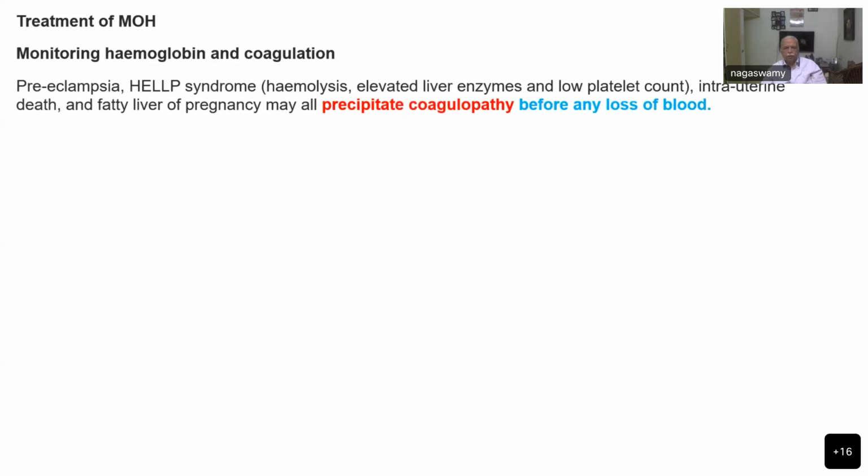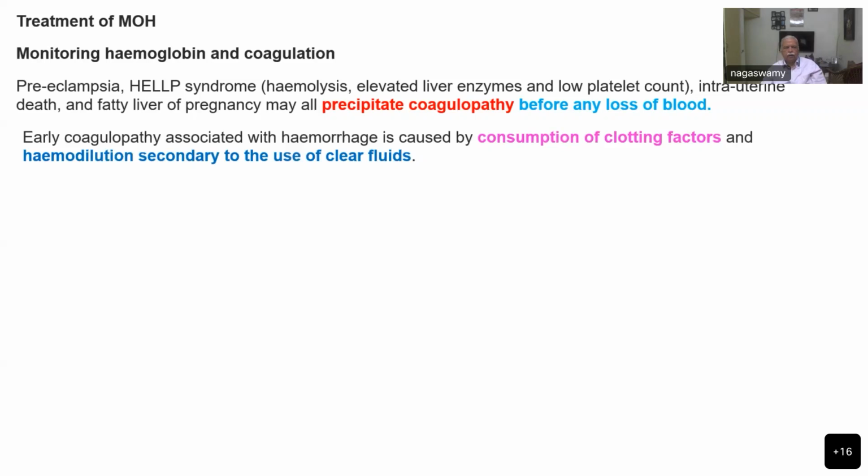So you must try to identify whether these things are present. And early coagulopathy associated with hemorrhage is caused by consumption of clotting factors and hemodilution secondary to use of crystalloids and colloids. These are the two things which are going to prolong the bleeding.